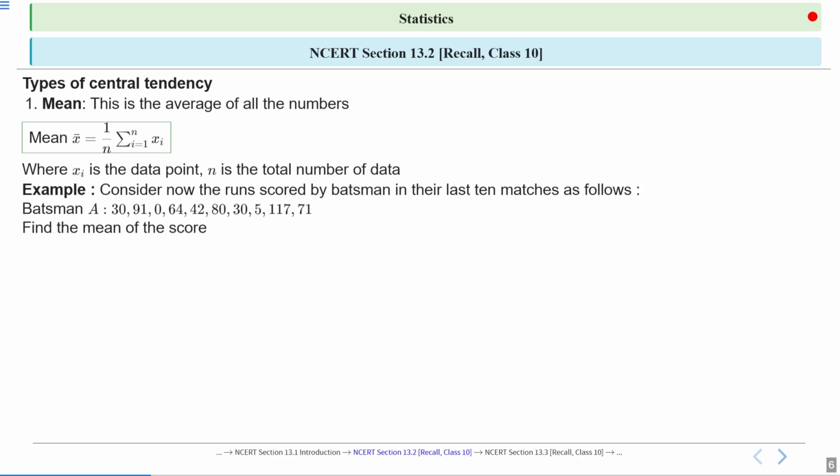Here we have to find the mean of the score. How can we find the mean of the given score for batsman A?